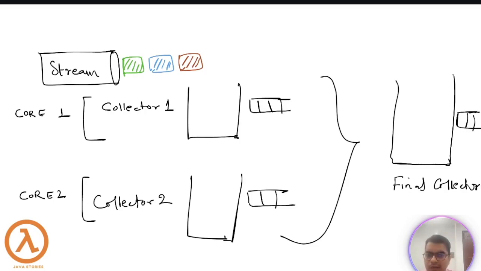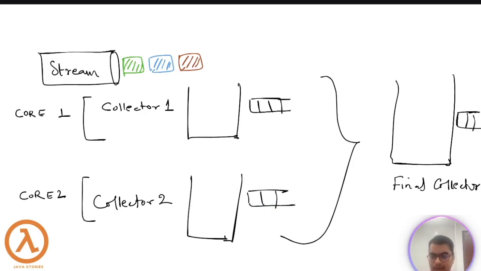So if we have to utilize those cores of the CPU for the parallelization of our streams, we have the stream of data which is coming, and then we have these collector APIs. The JVM is now going to create separate collectors, and suppose the first element of the stream comes to this collector, it will add it in its own ArrayList. The second element of the stream comes to the second collector, it will add it in its own ArrayList.